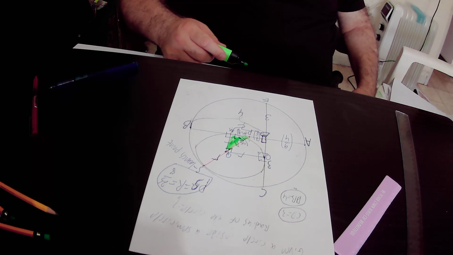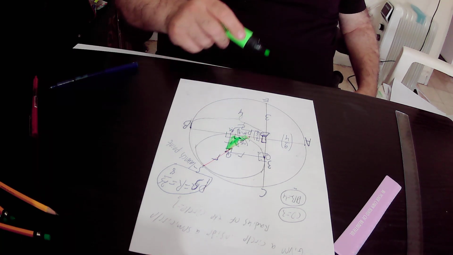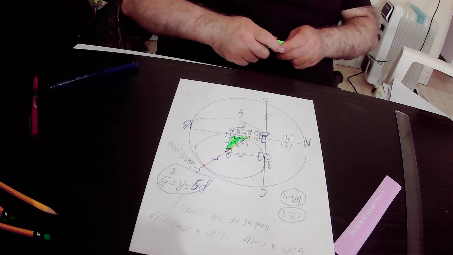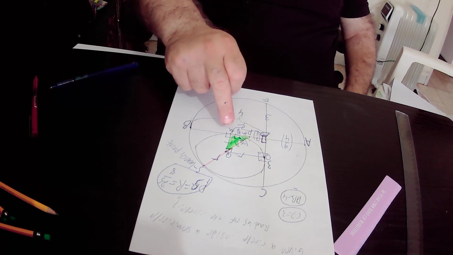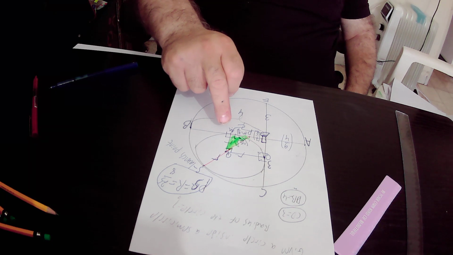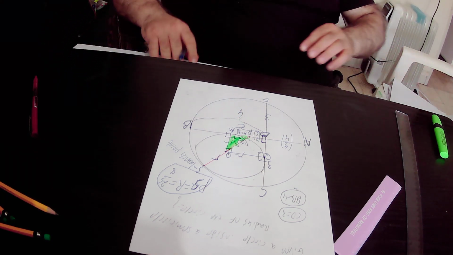We want to find out the radius of this small circle, which is equal to small r. So I will copy the right triangle PQM in a new page, and we will implement the Pythagoras theorem on the small right triangle PQM. Okay?